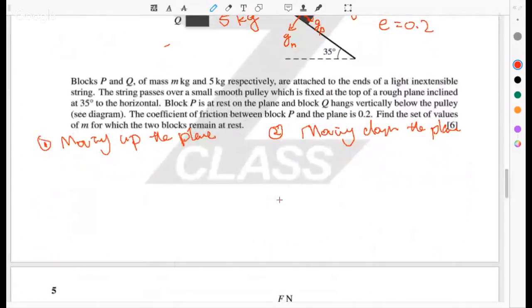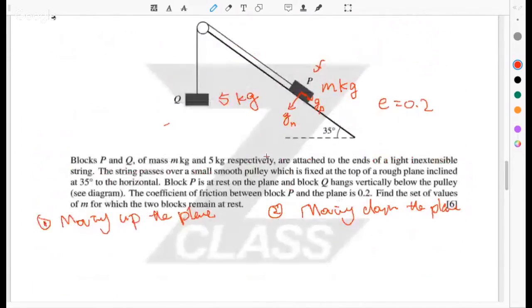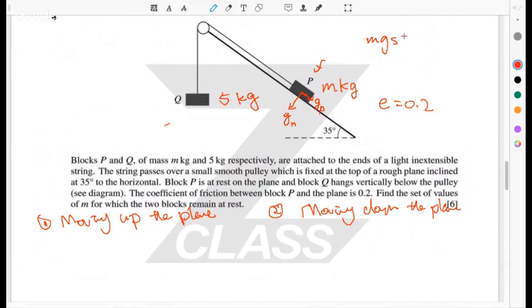So let's just see how these different cases would work. First, find the component of gravity parallel to the plane. And as before, we do mg sine 35.